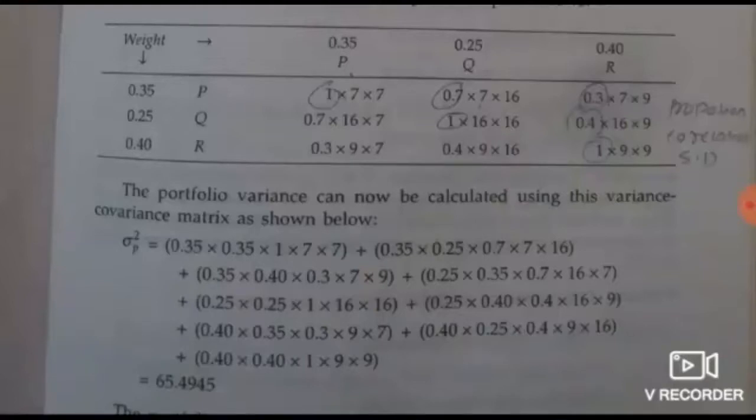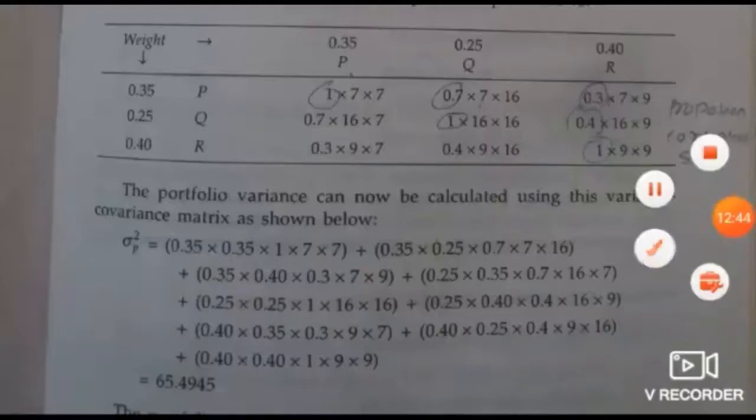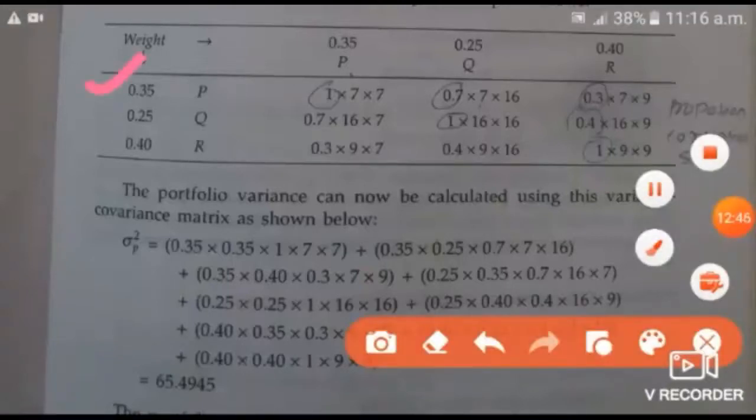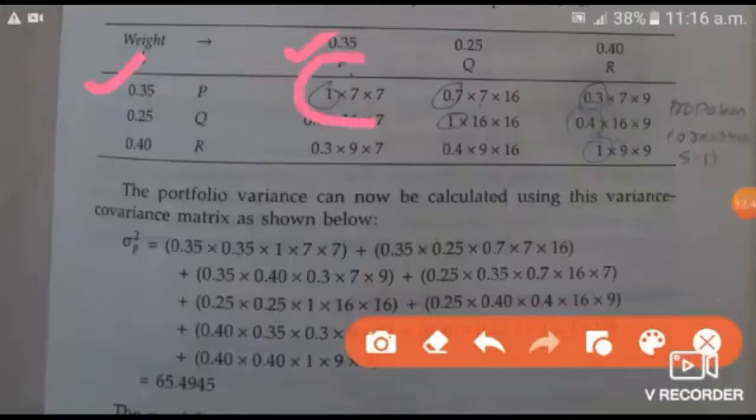So now we have to multiply each cell with the proportion of funds invested. So the first cell will be 0.35 into 0.35 into this value.